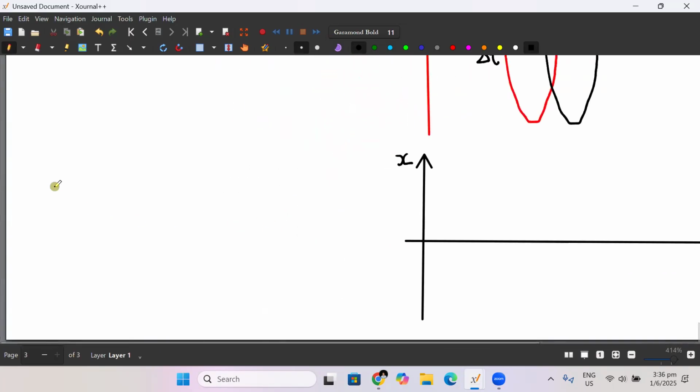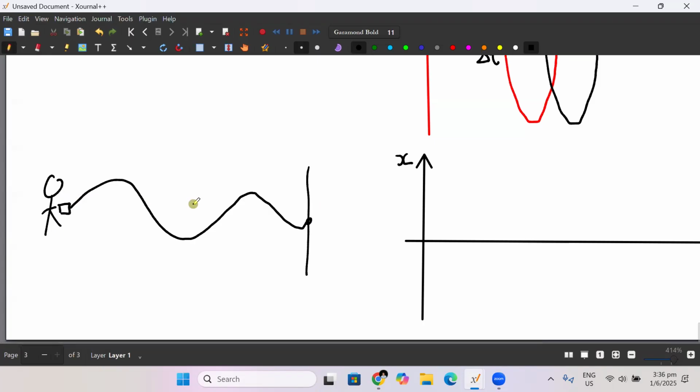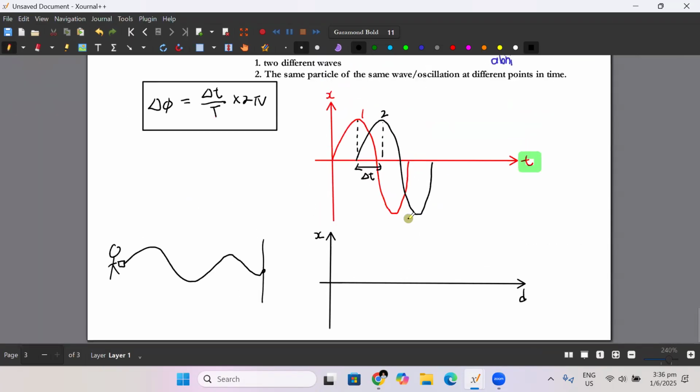Imagine this is me here, and I play skipping rope very sadly with the wall. I just take a snapshot in time, so it will look something like this. This is the displacement, followed by the distance from me. So this is me, and this is the distance that I'm measuring.